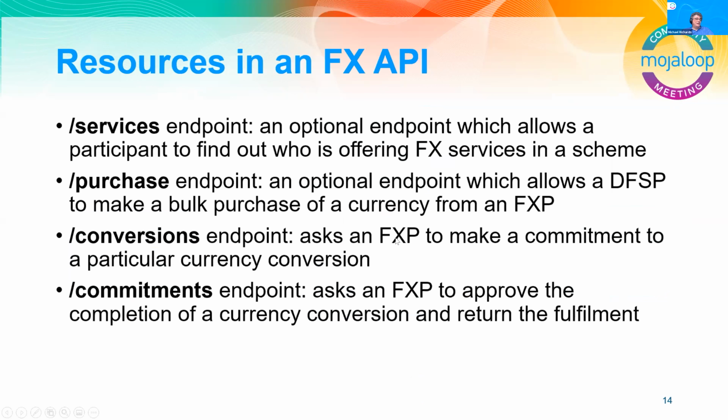Just something to ask an FXP to make a commitment to a conversion, and the commitments endpoint to ask an FXP to approve the completion of a currency conversion and return the fulfillment. So it's going to be a simple API. We think it's going to be much easier for potential foreign exchange providers to join Mojaloop schemes. And it will also, as I said, do a single hop transfer.